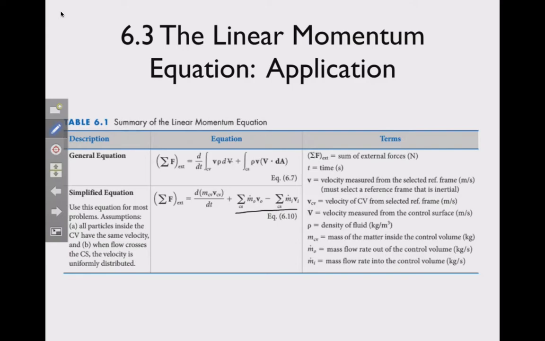This is really the forces of the fluid acting through the control surfaces. Remember, it's the rate of change of momentum. And we also have the term here, which is the momentum accumulation. And over on the left-hand side, the sum of the external forces. Okay, thank you.